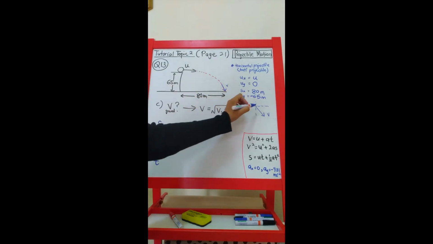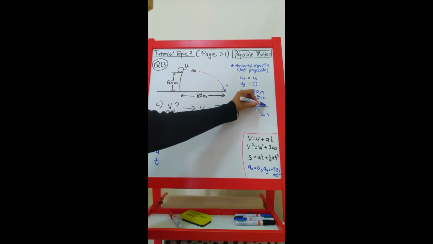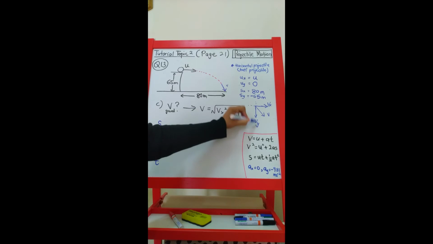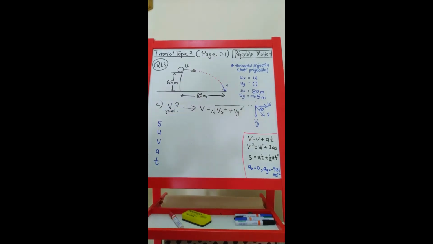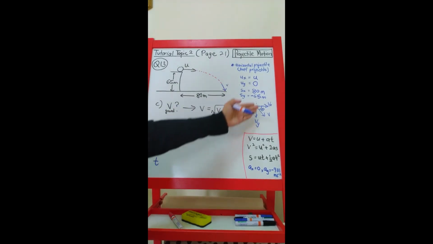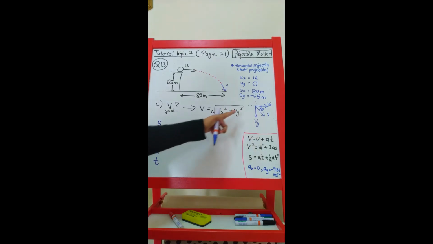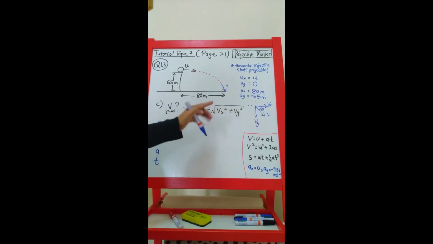Therefore, we need to resolve it to vx and vy. There's an angle here. Since we resolve it, in order to find v, we need to use this equation. This is what you do every time it asks you the velocity at this point.